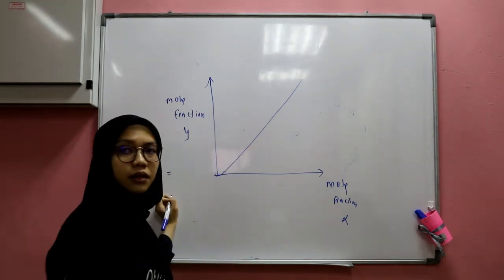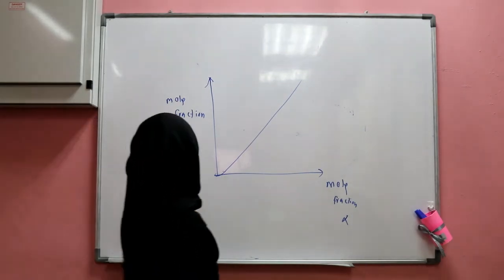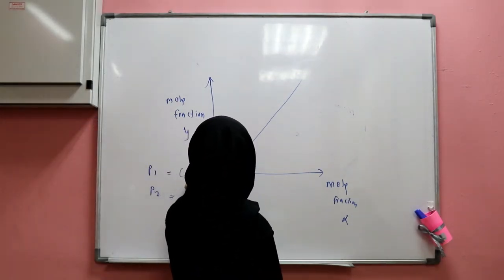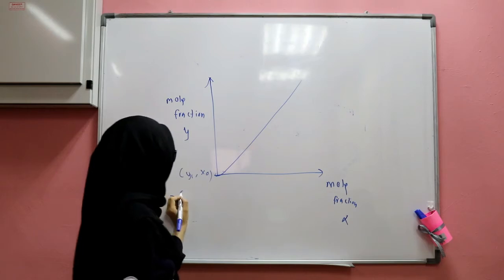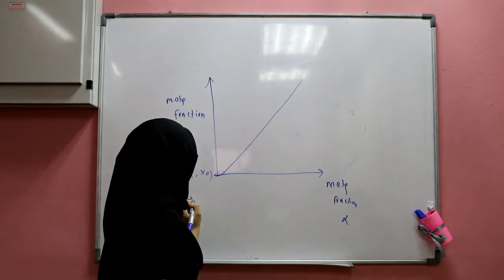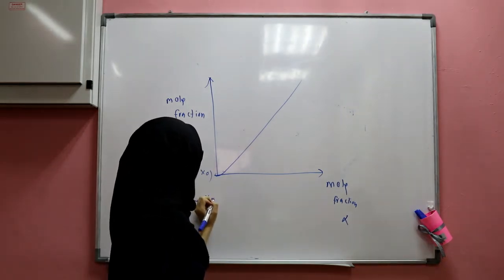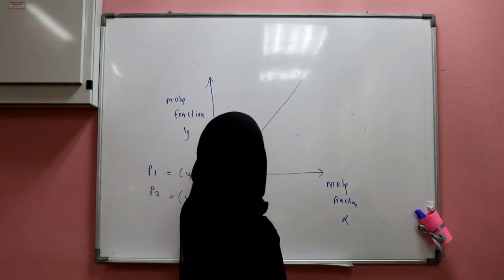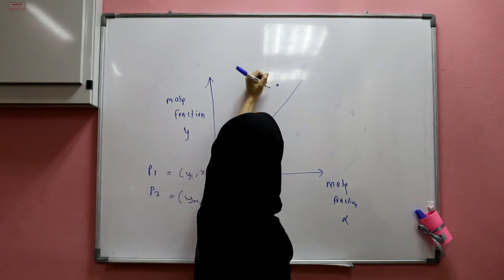Okay, for P1 we use Y1 and X0, while for P2 we use Yn and Xn. So we will get point 1 and point 2.